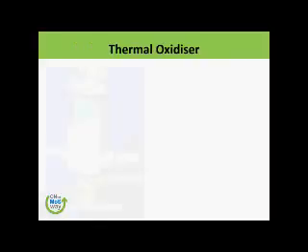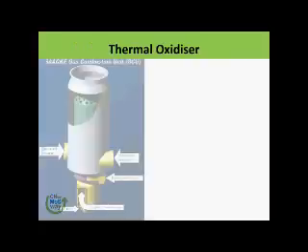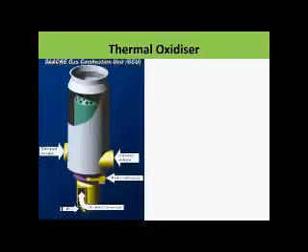We also have a thermal oxidizer nowadays, which is a gas combustion unit. Courtesy to them, we are using their picture and acknowledging them for that. So this is now fitted here. Can you see here?